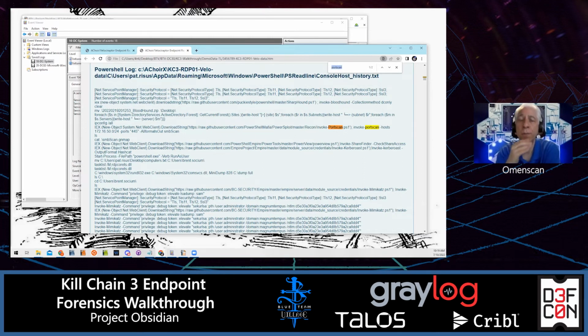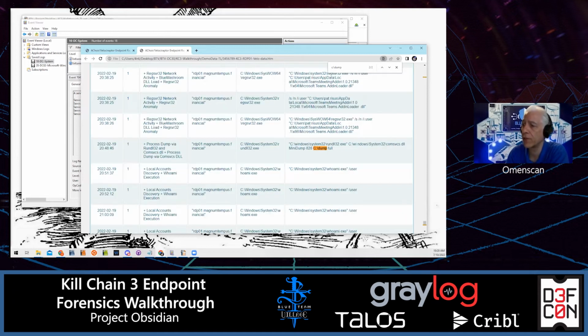One of the things we previously identified was the dump file created by running comsvcs DLL through rundll, creating this dump file, which would be a dump of LSASS. Now, if we search for /dump, we also find here is when that was run.